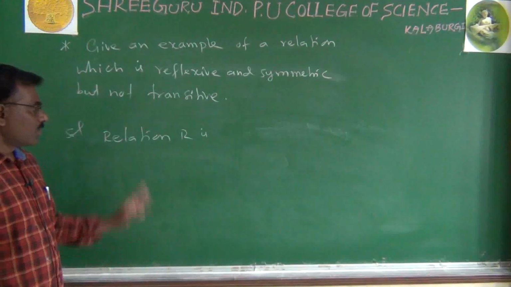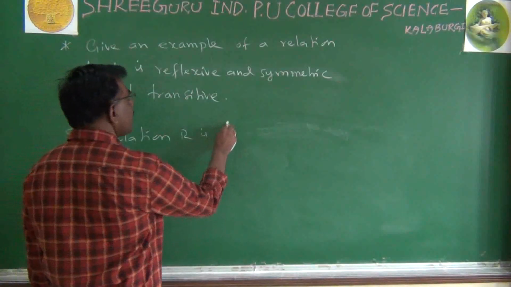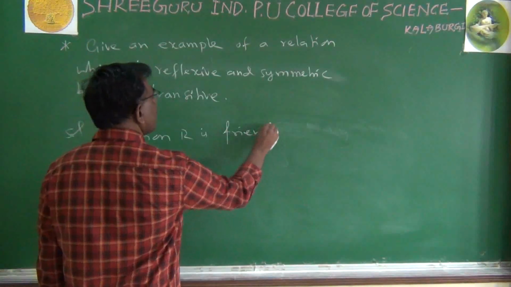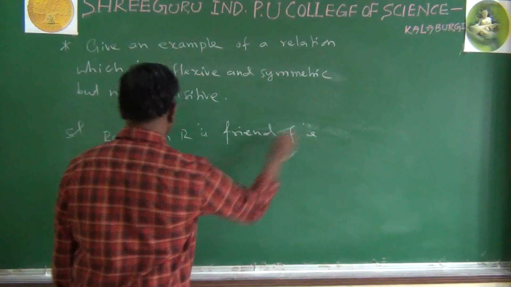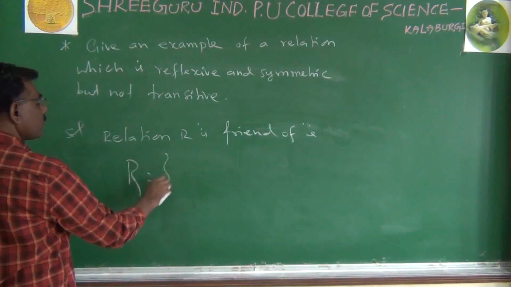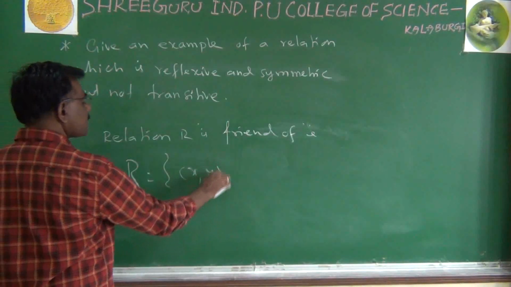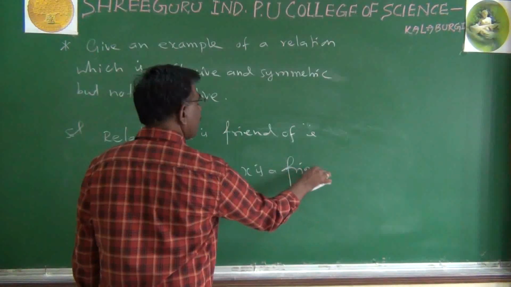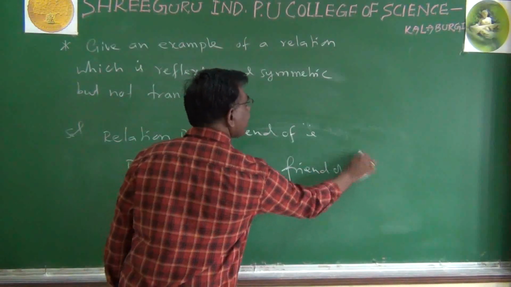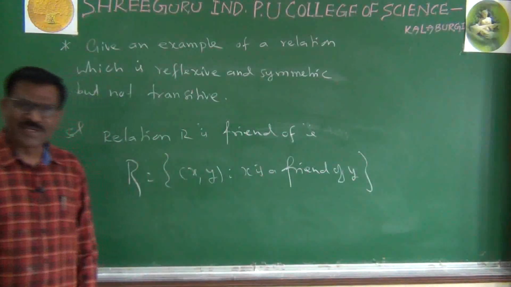That is, R equal to {(X, Y) such that X is a friend of Y}. Yes, enough.